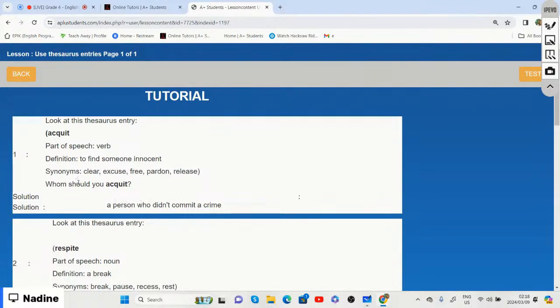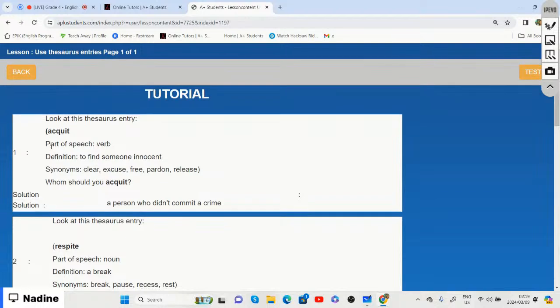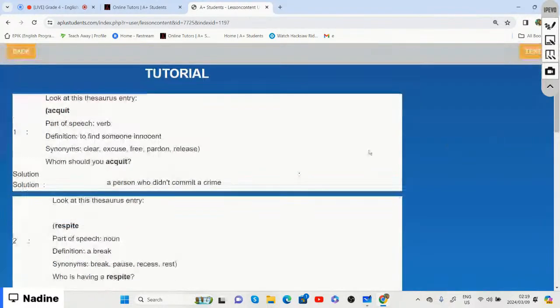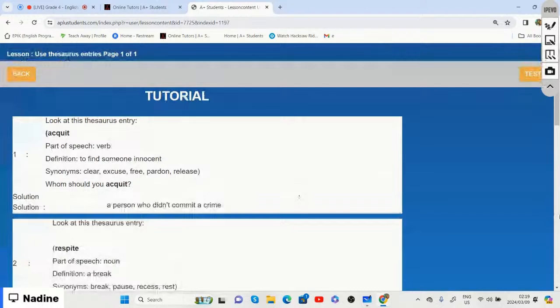We also have synonyms, and synonyms are words with the same meaning or almost the same meaning. Now we have the word exonerate, and we see that the synonyms of this word are to clear, excuse, free, pardon, release.